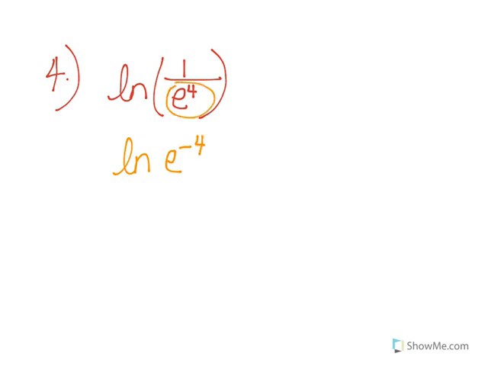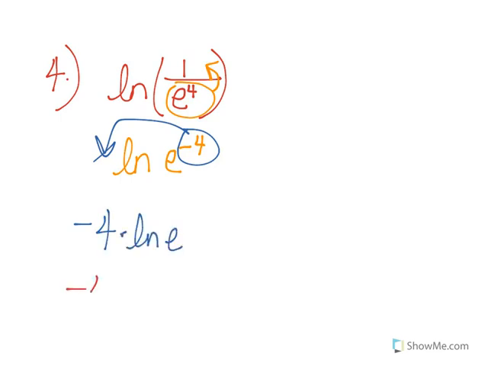So we can swing this up to the numerator as long as we negate the exponent. Then we can apply the power property. And then we can make ln of e 1. So we get a final answer of negative 4.